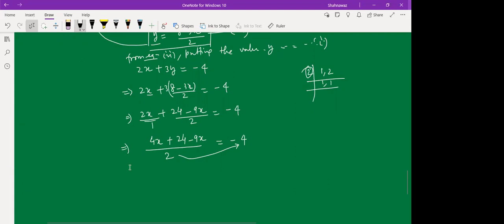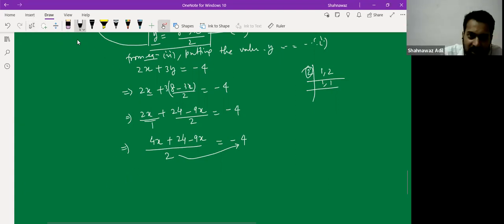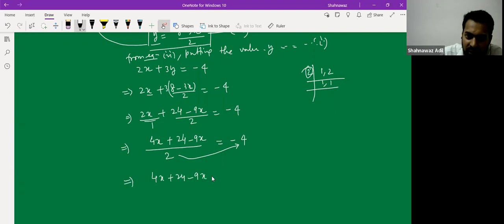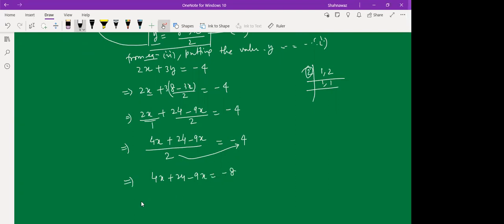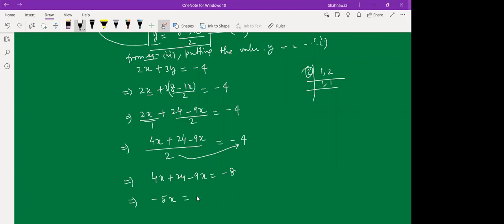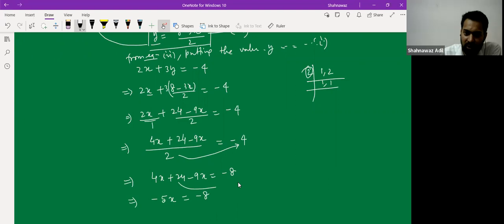Okay, Adil, so where were we? So 4x plus 24 minus 9x will be what? This 4 goes here, so -8, right? And 4x minus 9x is -5x, right?